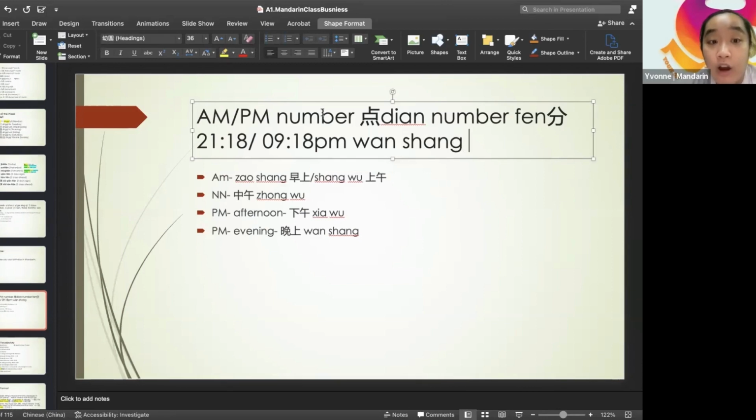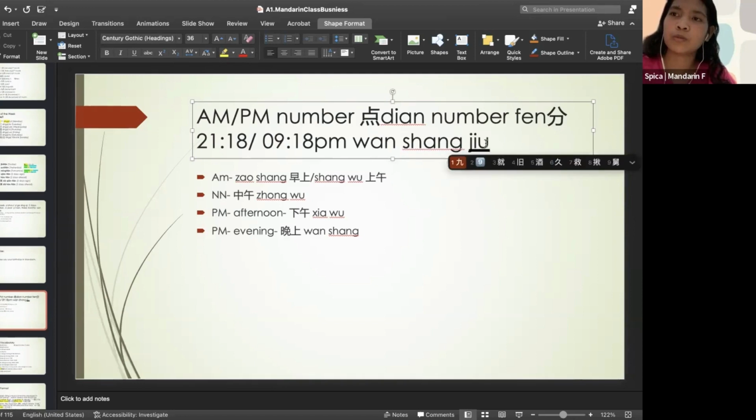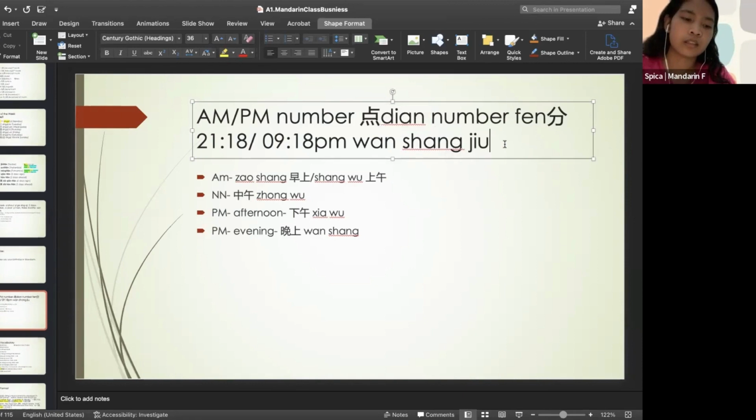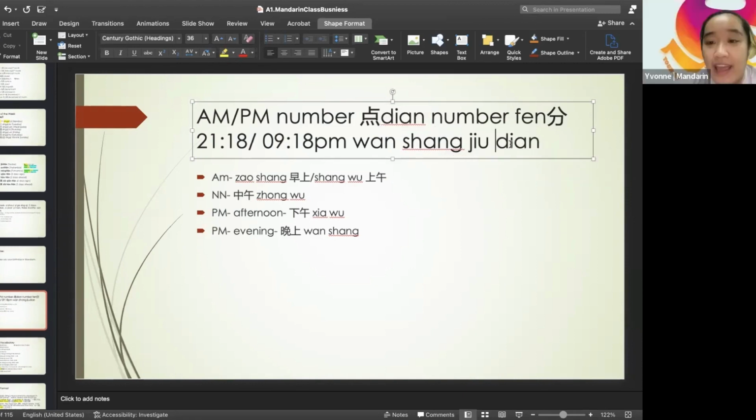So the next part. What is the o'clock? What is the hour? So you guys already know how to count to 10. So what is this number? 九. And then the next word is? 点. Very good. 点. 九点. And then next is 18. So 18 is 10 and 8.